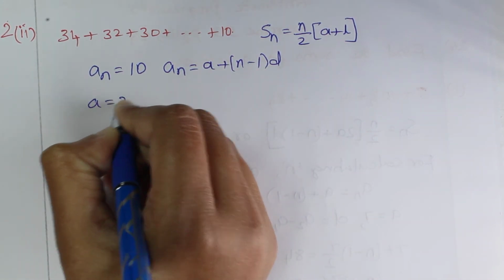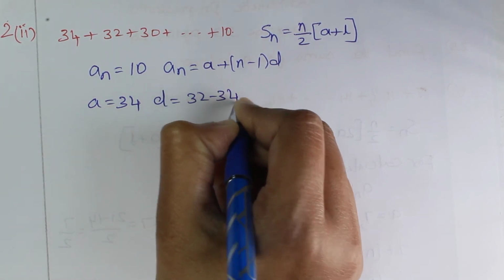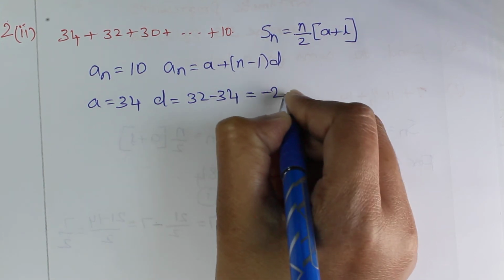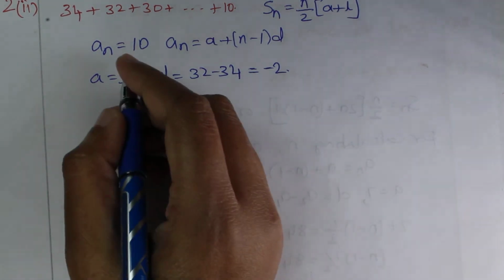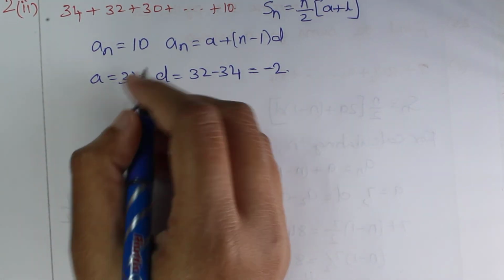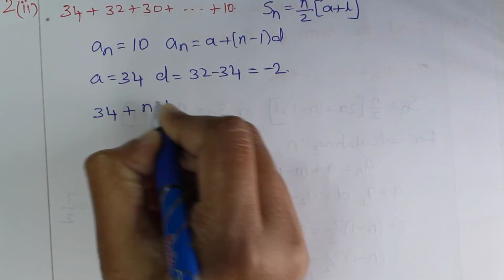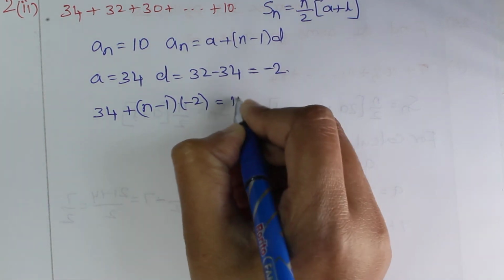A is equal to 34. D is equal to 32 minus 34, that is equal to minus 2. So 34 plus n minus 1 into minus 2 is equal to an, which is 10.